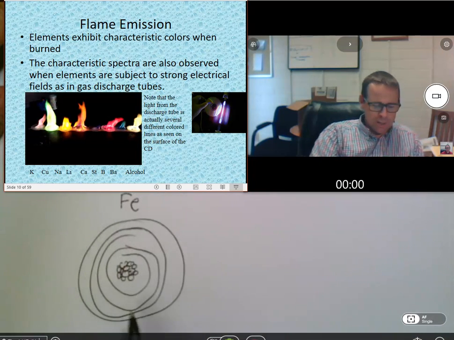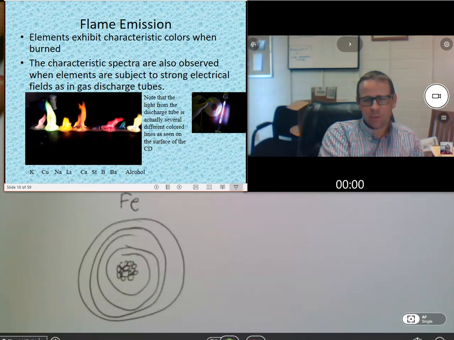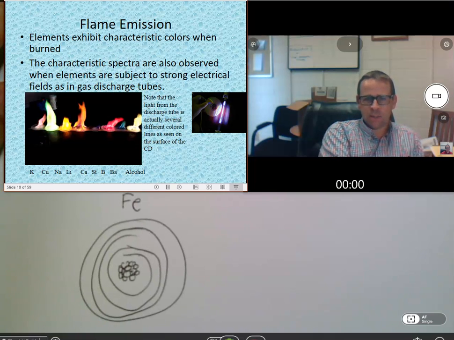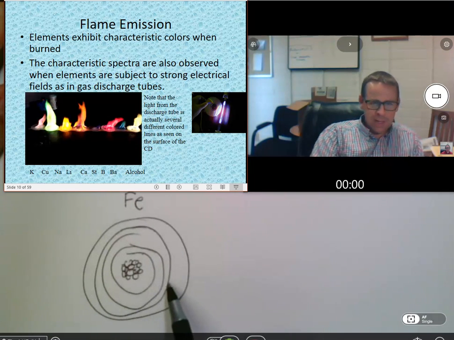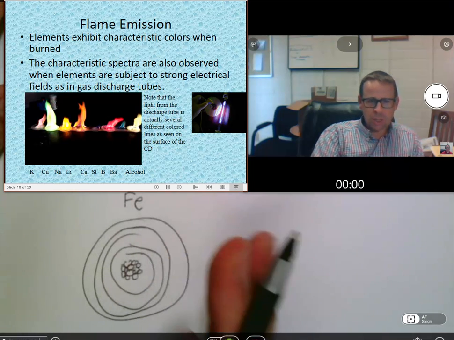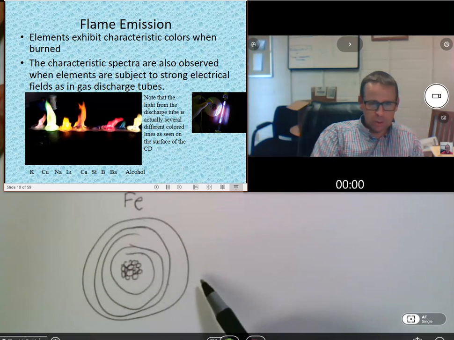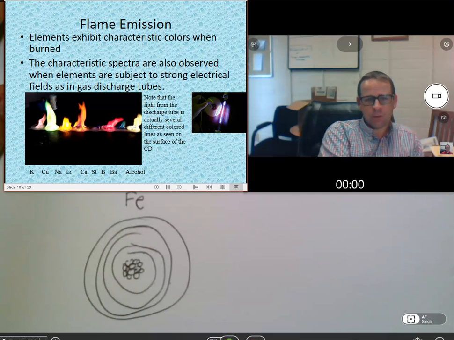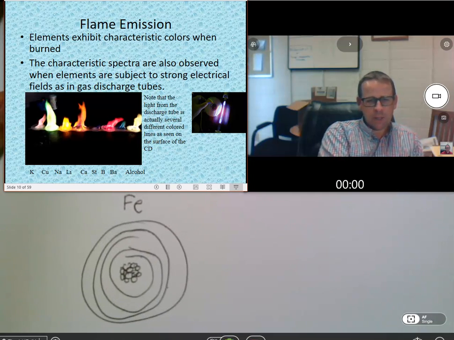Now, those electrons are in these layers, which we call orbitals. Okay? Not all 26 can reside in one single orbital. You have a stacking. And as you get more and more electrons, the orbital gets farther and farther away from the nucleus. Okay?